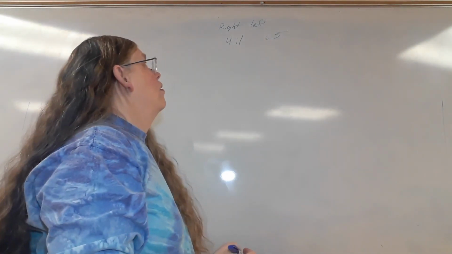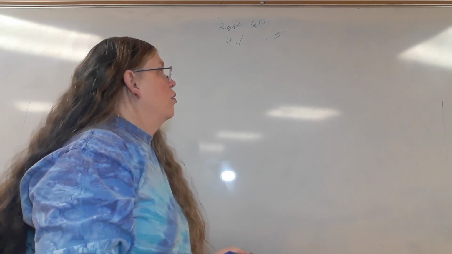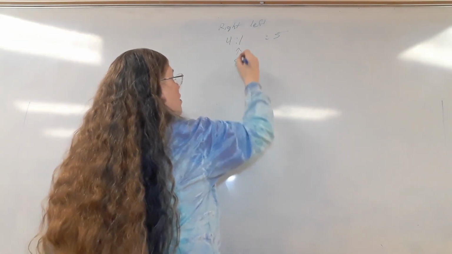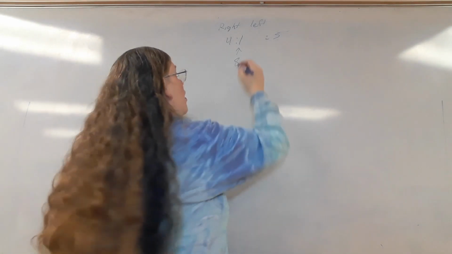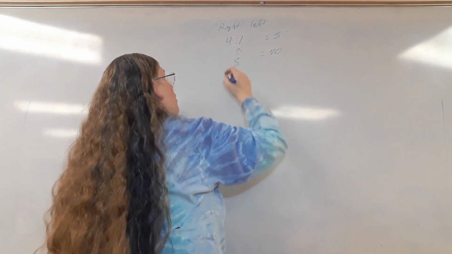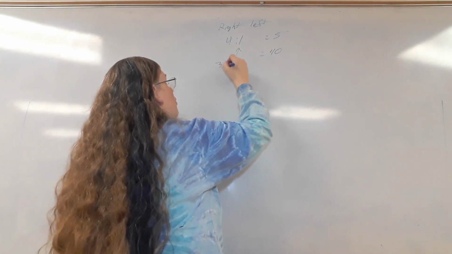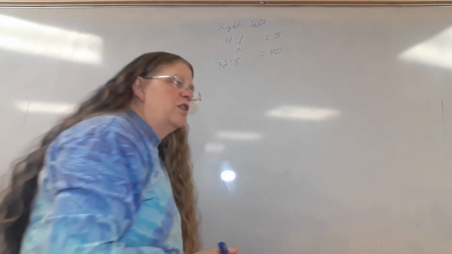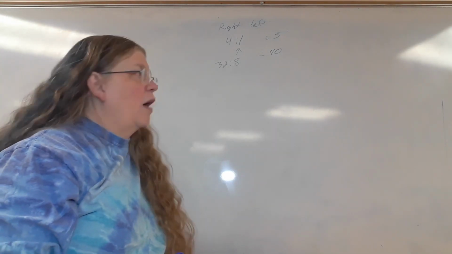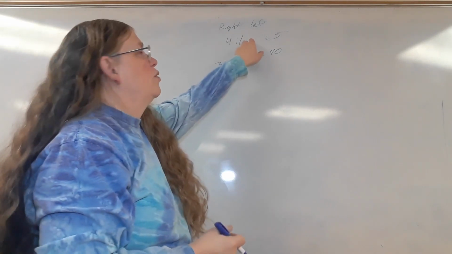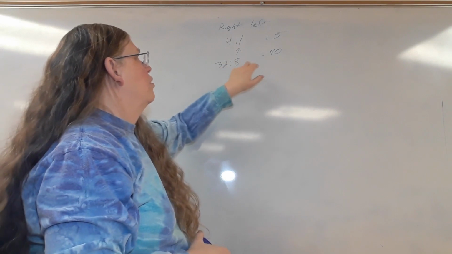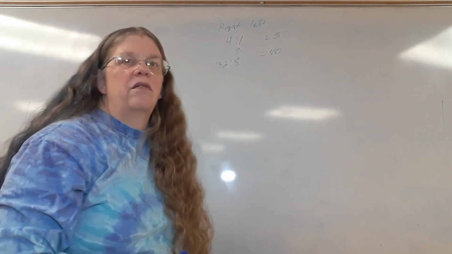So if there was 8 left-handed, 8 times 5 is 40. 8 times 4 is 32. So that gives us our numbers again, because there's 8 and 8 is 1 share. So we can just multiply 4 times 8 or 5 times 8.